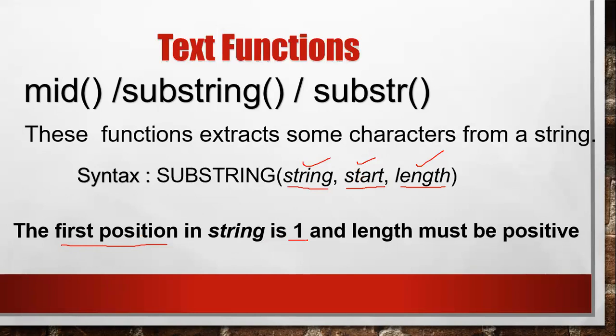But in SQL, remember, the first position is always 1, not 0. So when you are working in SQL, you have to consider the first position as 1. And the length you give must be positive. If you put a negative length, then nothing will happen. Okay, so let us do this question.